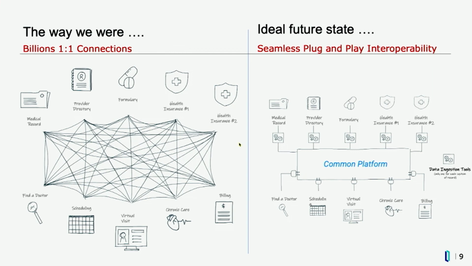This double diagram depicts where we were, or where we are maybe, on the left with point-to-point connections. I've estimated there are billions of them. There may be more. And a lot of people, when they hear about FHIR, think, well, it's going to replace all this.